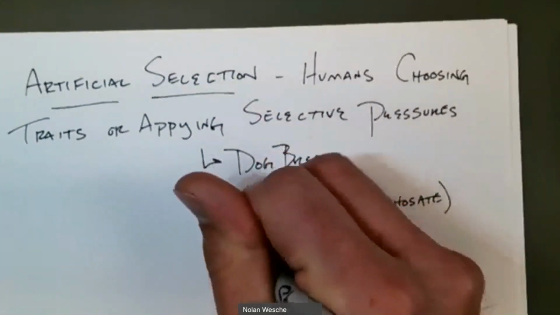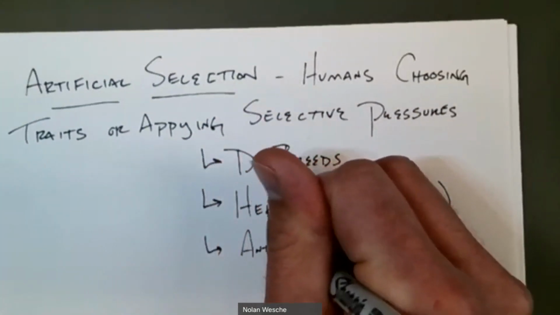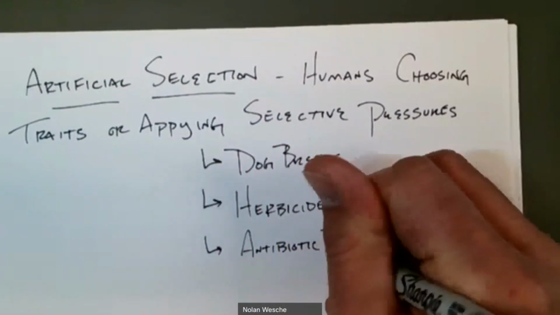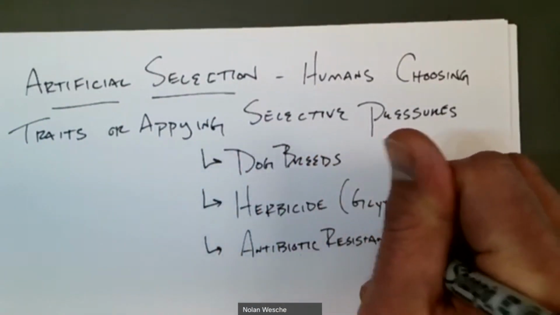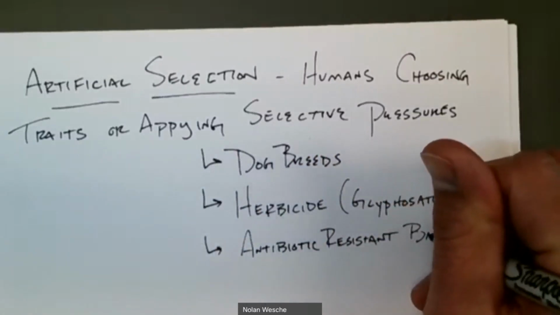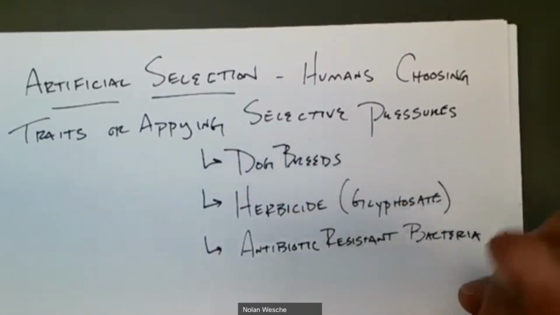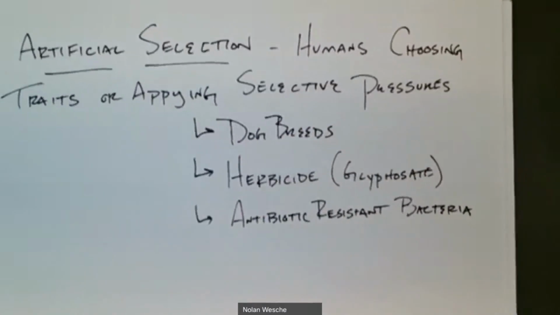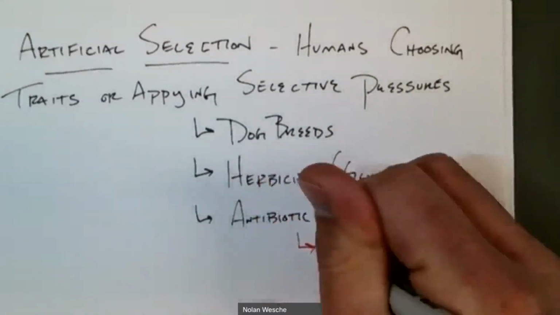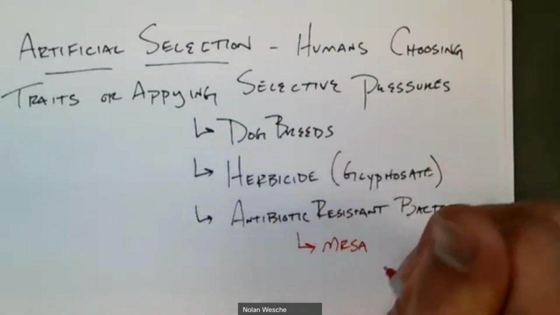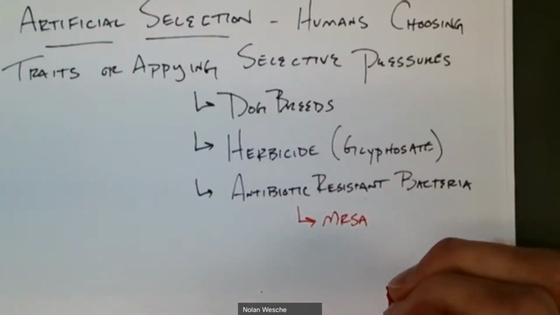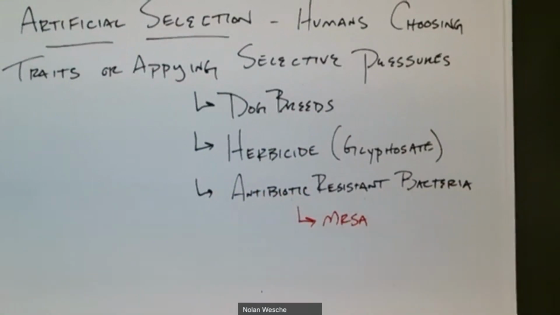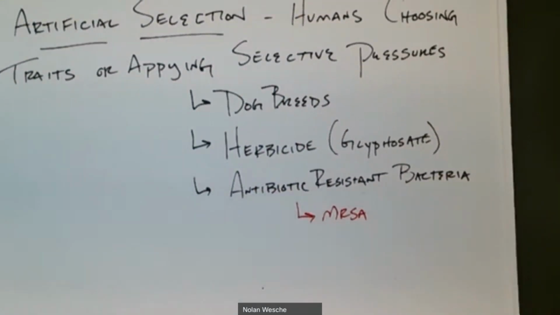And then we'll also look at antibiotic resistant bacteria. So antibiotic resistant bacteria would be something like MRSA, methicillin resistant Staphylococcus aureus. We see that has emerged. And then another one called KPC, which occurs in hospitals, post-operative infections typically.